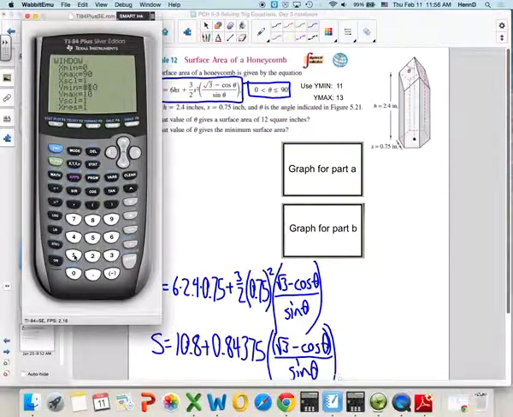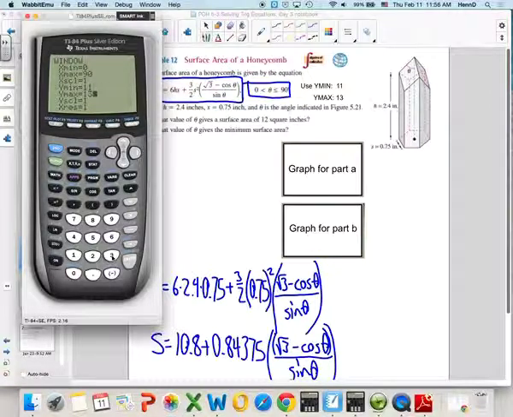Can we just do zoom fit? Zoom fit rarely works on the TI-84. It's marginally better on the Inspire, but even on the Inspire it's not all that useful. What you might do though is graph it once and then do zoom box. That's a helpful one.